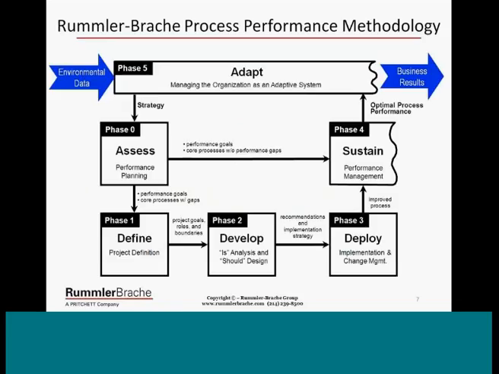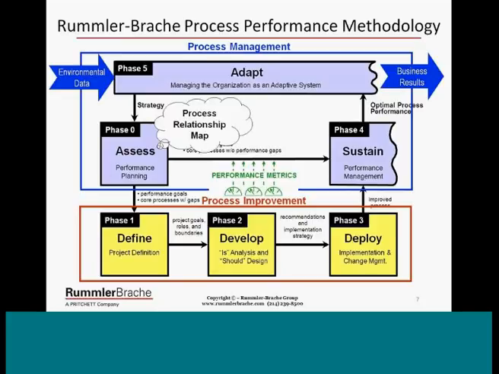So again, the maps that we'll really be covering are the process relationship map. That's one where we have a very specific template that arranges the processes in management, core processes, and support processes, and you'll also learn how to nest process maps. And so you could use your process relationship map, which has processes at that highest level, as basically a home page for creating additional maps in your project.